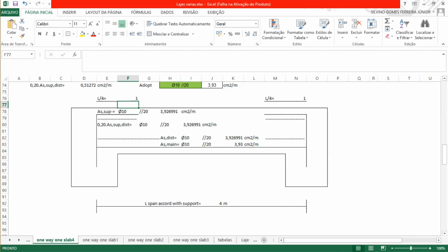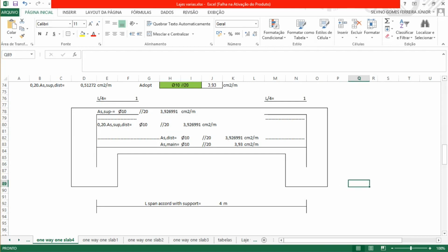And we're gonna use for this reinforcement in the support diameter of 10 spaced by 20, and for distribution we'll get at least 20% of this, a diameter of 10 millimeters spaced by 20. Of course, this is similar on the other side, the other support.